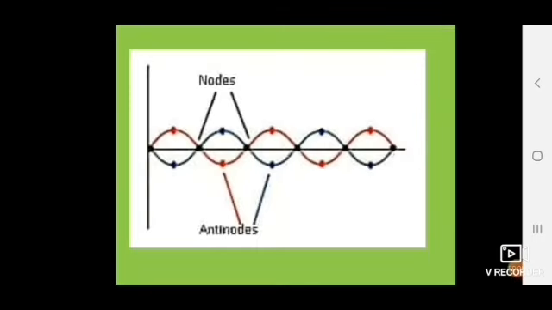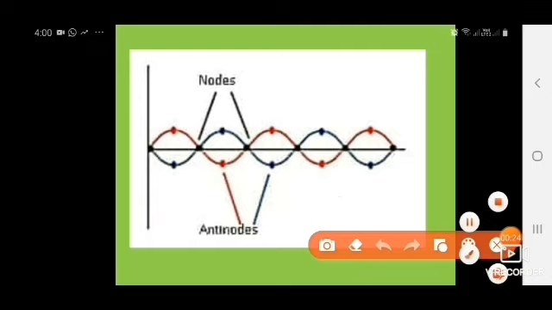Students, it is clear that the particles of the medium perform simple harmonic motion with the same frequency omega but different amplitude A, which is a function of x. The fixed end points are always at rest, means their amplitude is always 0. Look at this figure.